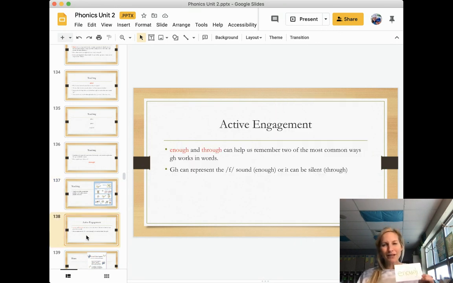Another word that is really kind of challenging also is the word through. Through. Gosh, can you even hear the GH in the word through? Through. It's silent. I can't even hear it. That's another tricky word. So you could really try to tackle the word through today also.